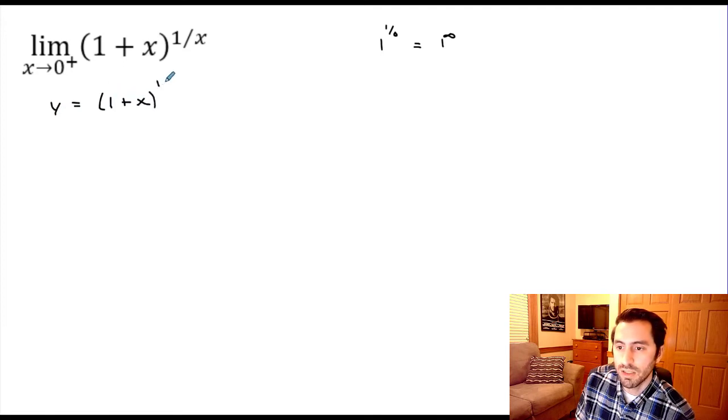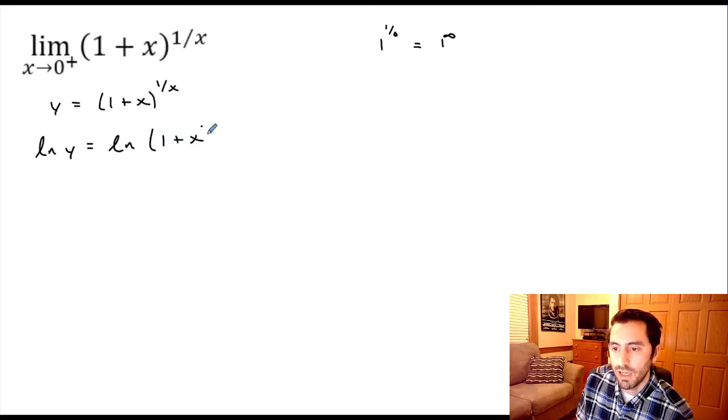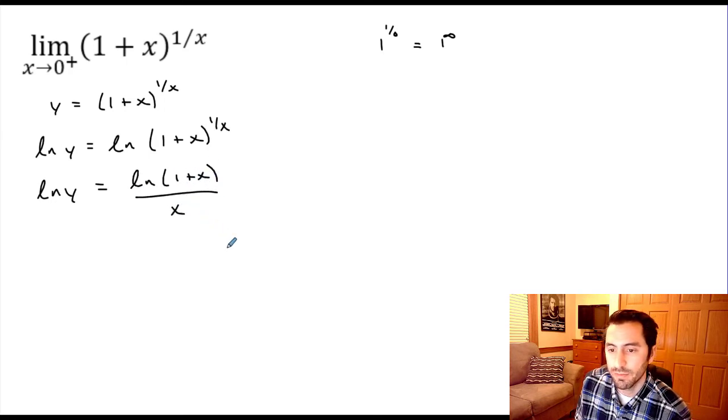So I'm going to write this as y is equal to (1 plus x) raised to the 1 over x power. And then we're going to take the natural log of both sides. After we take the natural log, we can use the properties of logarithms and bring that exponent down out front. So we end up with the natural log of y is equal to the natural log of (1 plus x) all over x.